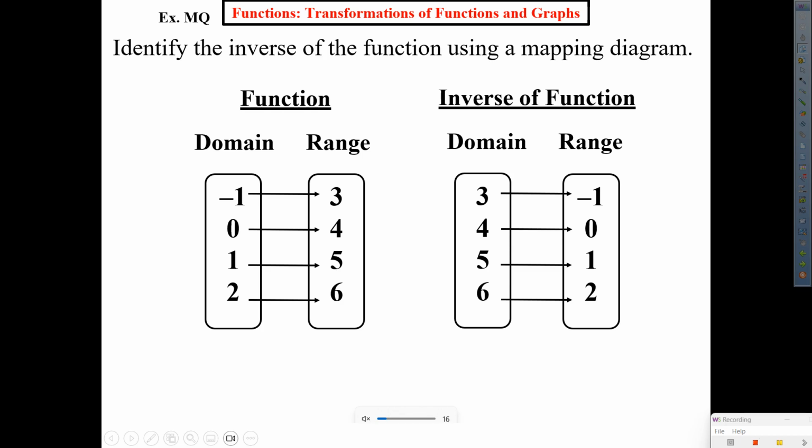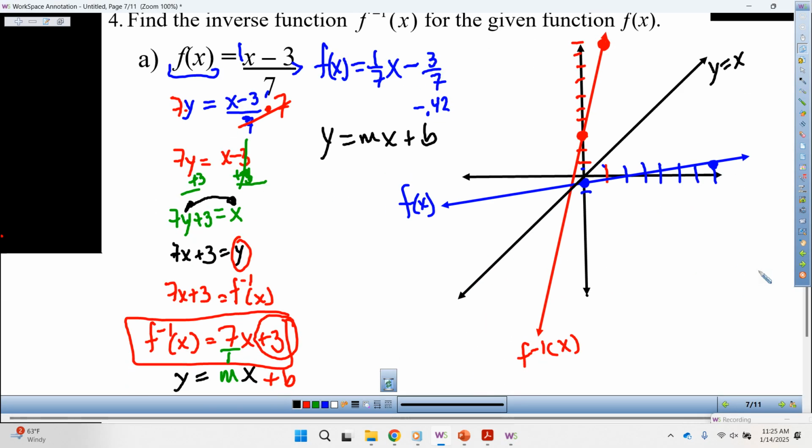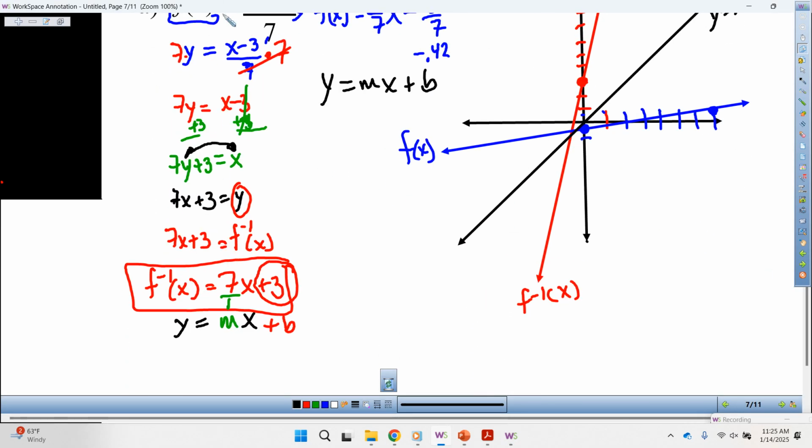What particularly makes it the inverse? Okay, back to Enrique. Go. Let me trigger Enrique's noodle. What made it the inverse?